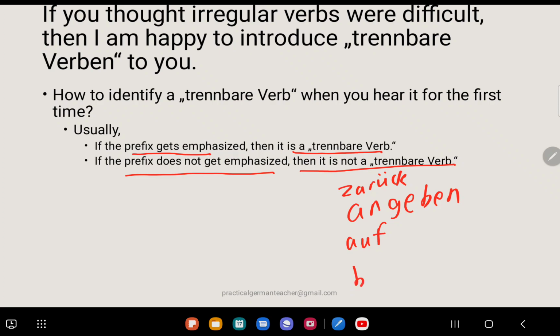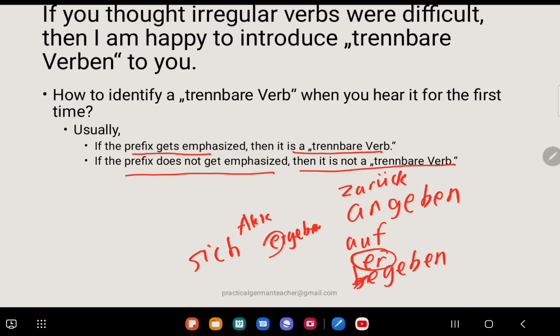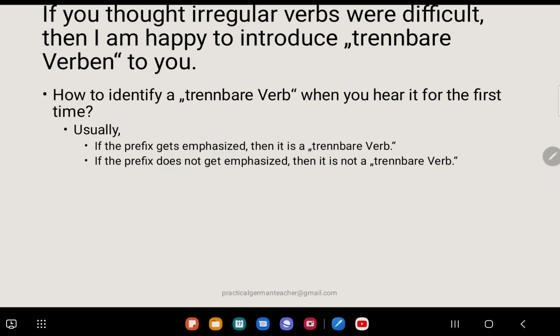But if you add, for example, er- to it, ergeben, this is still a prefix, but it's not separable. Ergeben means something else. It's actually sich (Akkusativ) ergeben. Please check what it means. So here it is not separable, is what I'm trying to say.